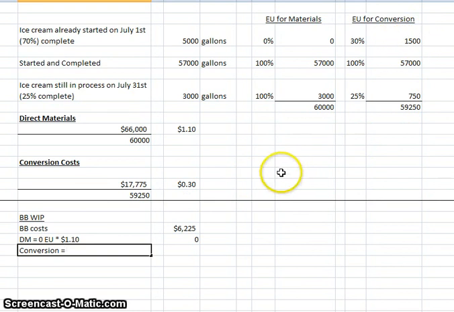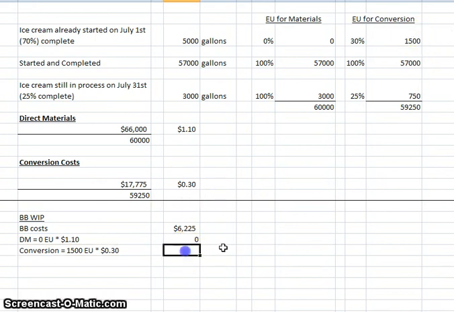Well, you needed 1,500 equivalent units at 30 cents a piece. And that 30 cents comes from here. So you had 1,500 units at 30 cents a piece. The amount of conversion costs would be $600.